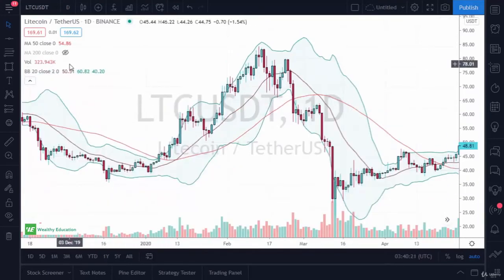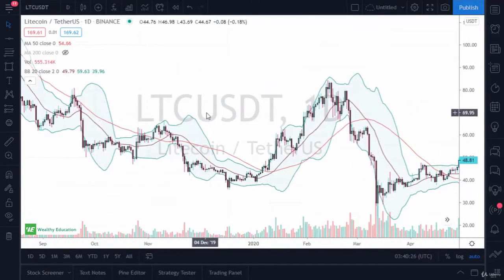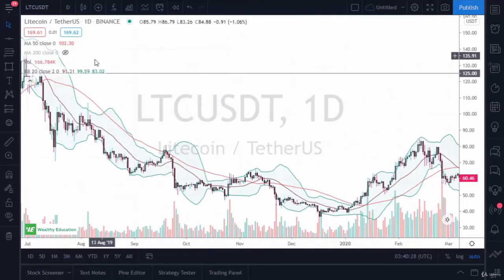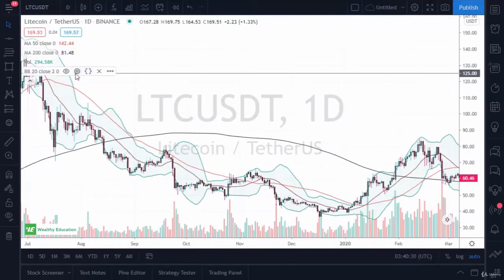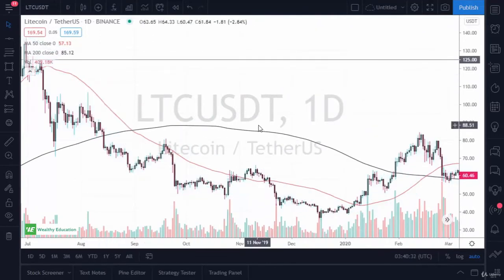So, you could see that there's a plethora of signals, and really, you don't want to use all of these indicators at all times, but it's not a bad idea that if you have a potential setup to take a look at least a handful of them, because you have to think that not everybody trades Bollinger Bands, not everybody pays attention to moving averages, not everybody does Fibonacci or RSI.